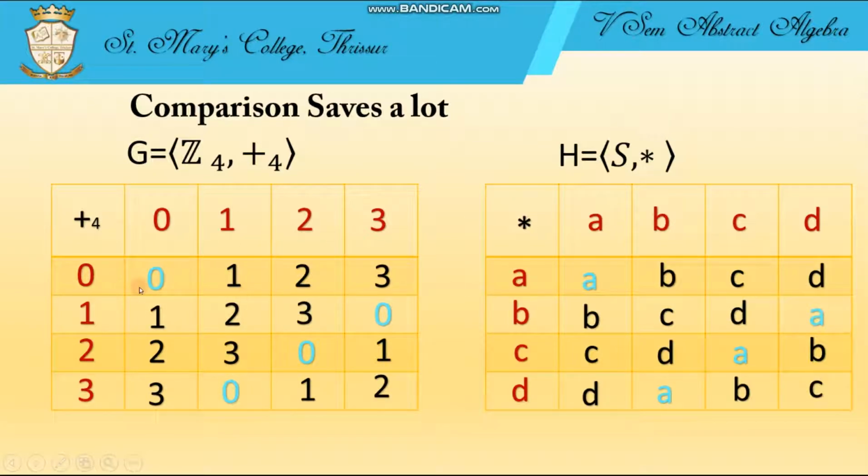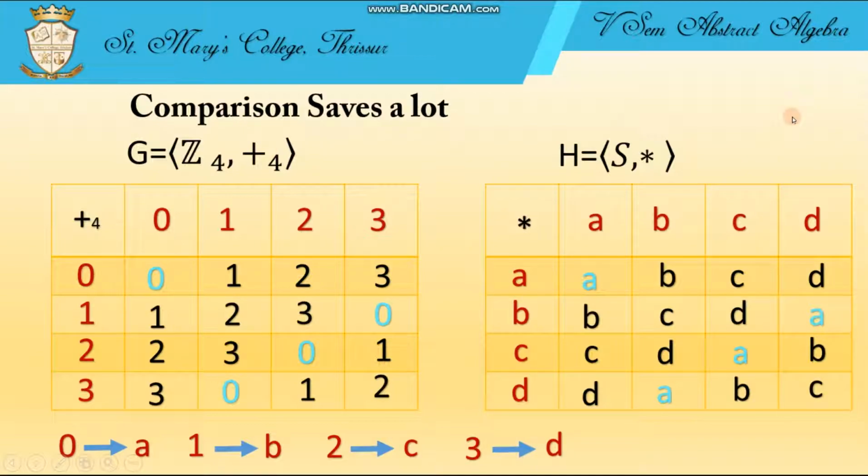So I can say that if I exchange 0 with A, 1 with B, 2 with C and 3 with D, I can get this table with this identity element. So these two tables are comparable, and I am actually getting a function mapping Z4 to S.